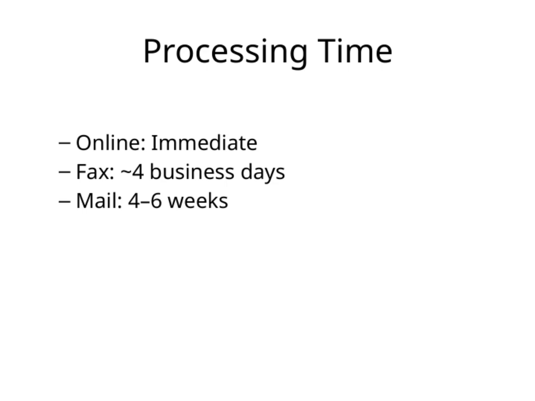Mail, on the other hand, can take anywhere from 4 to 6 weeks, which is a significant difference. This longer time frame is important to keep in mind if you're working on tight deadlines. Overall, these timelines highlight how the method of submission directly impacts how quickly your request gets processed. Choosing the right option can make a big difference in managing your schedule and expectations.